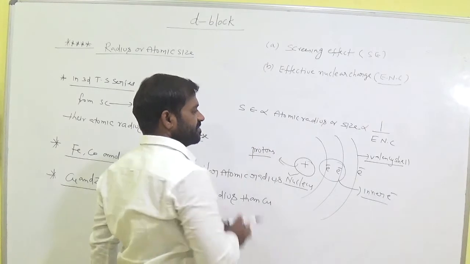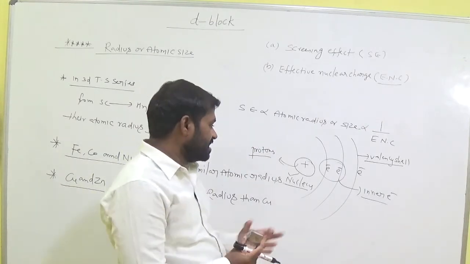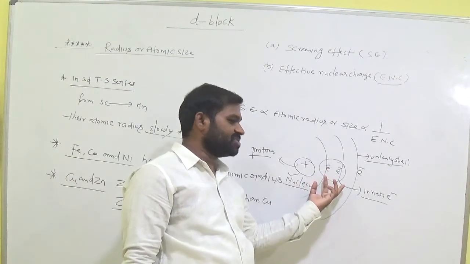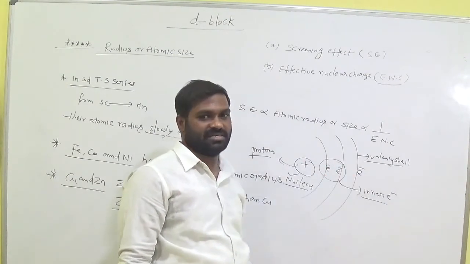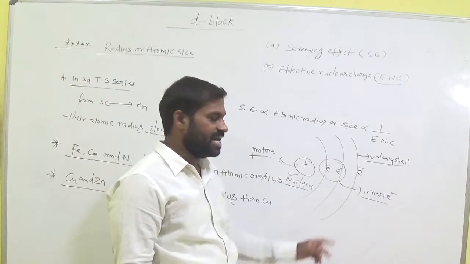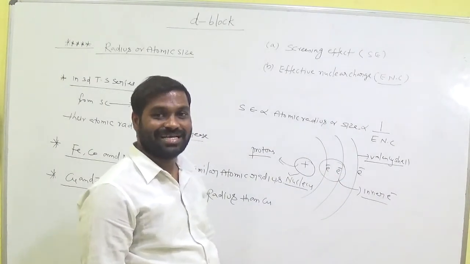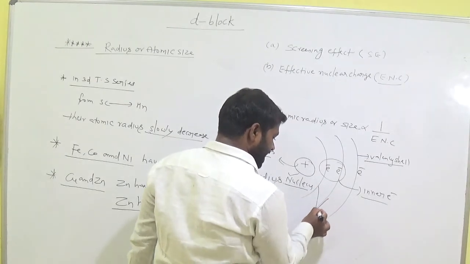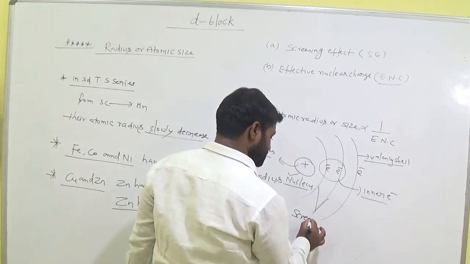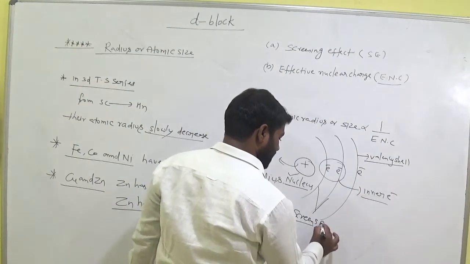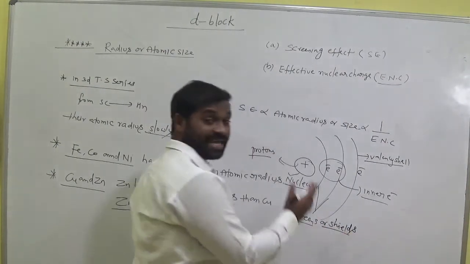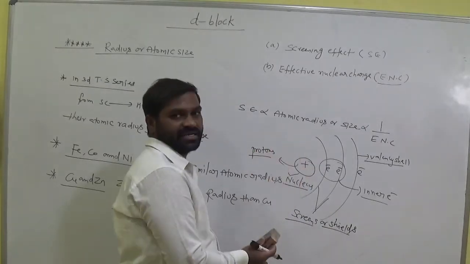So screening effect means the electrons present in the inner orbits. The orbits present between the nucleus and the outermost electrons are called inner orbits, and these electrons are called inner electrons. These electrons act as screens or shields, just like a wall between the nucleus and the outermost electrons.